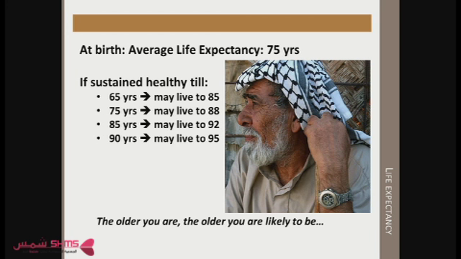So if I'm facing a person who has already reached 65 and is in good health, then there is a chance to live for 20 more years. And if I've met him at 75, there is still a chance of more than 10 years to live. And if it is at 80, there are still 5 to 7 years to live if he is healthy enough at that age. This means that I really have a chance to make the quality of life of the coming years better, not to leave it for comorbidities to come in and flag up.